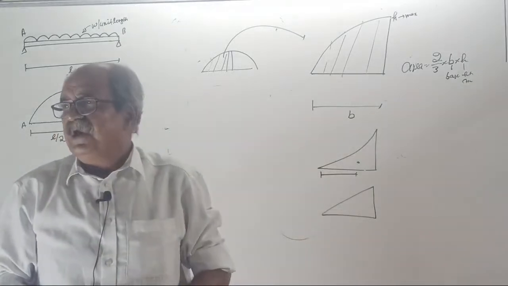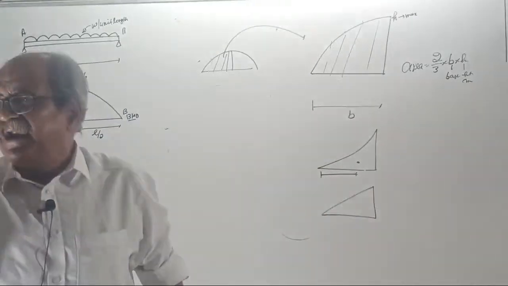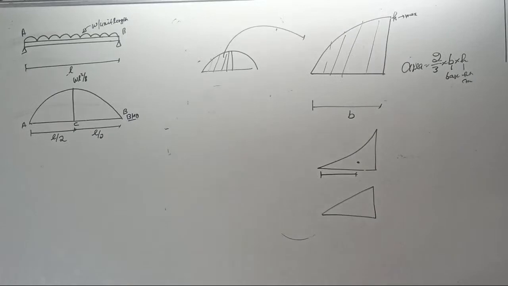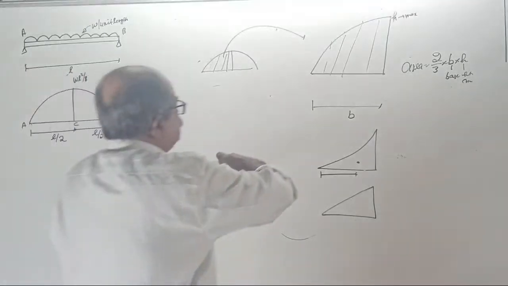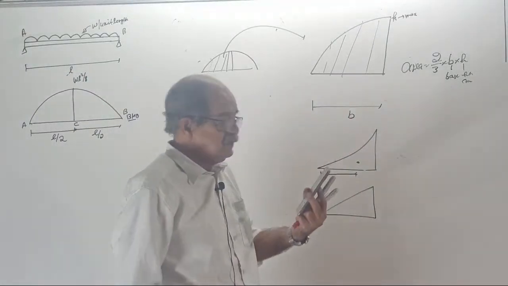Repeatedly used in the class 100 times. What is that number if the curve is this way? That is for cantilever. 3/4.